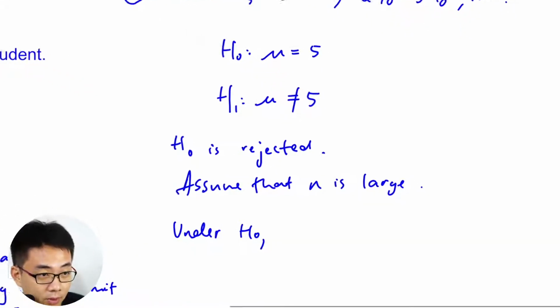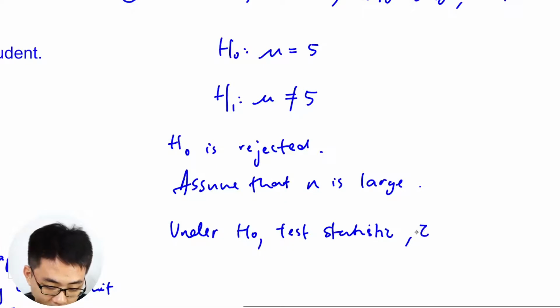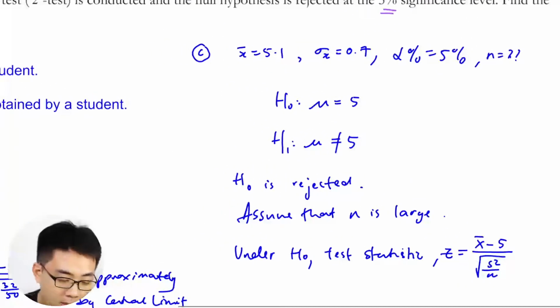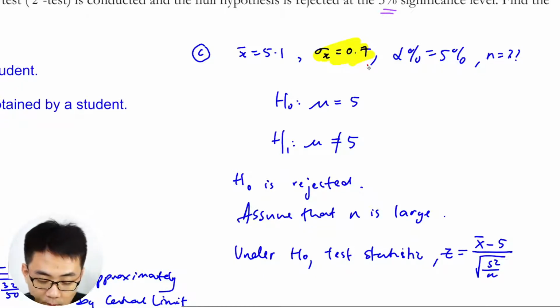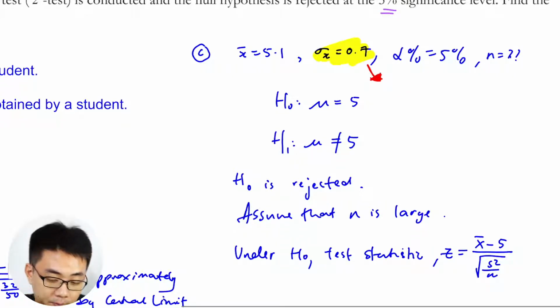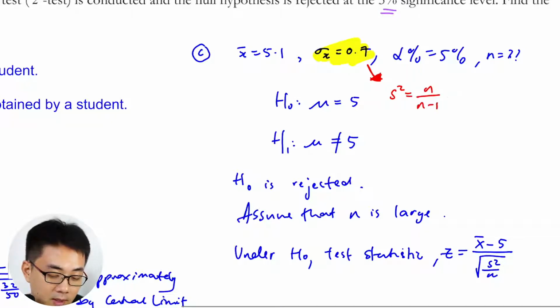Then after which, under H naught, the test statistic, just write it down. This will be Z equals X bar minus 5 over the square root of s squared over n. Now you use s squared because this is the sample standard deviation. Remember the one that I asked you to memorize? The only thing which I asked you to memorize in the whole H2 Mathematics syllabus is s squared over n.